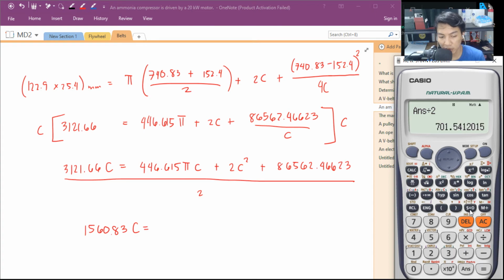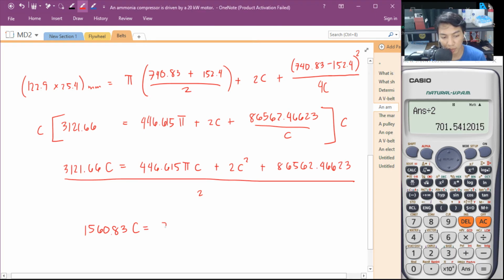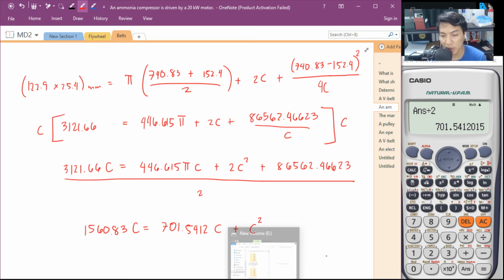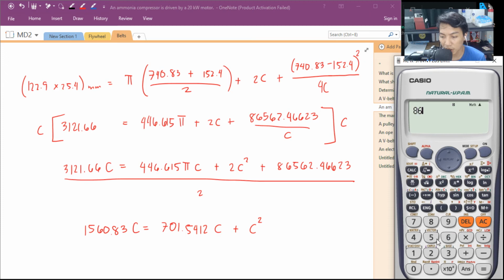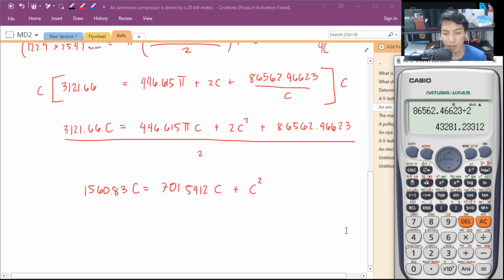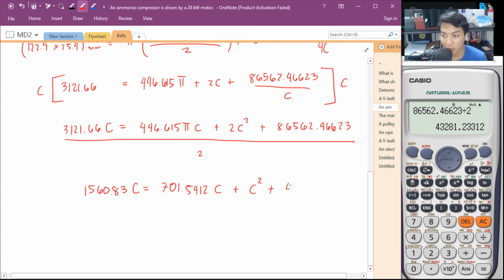That will become 701.5412 C plus, dinivide ko na, C squared, tapos yung 86562.46623 divide by 2. That is 43281.23312. Okay. I-arrange natin ito quadratic equation.